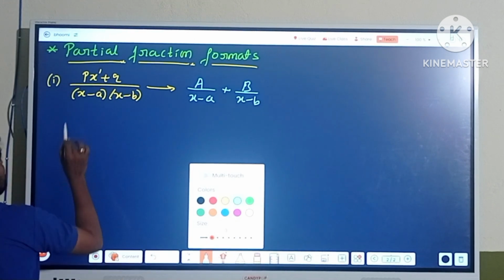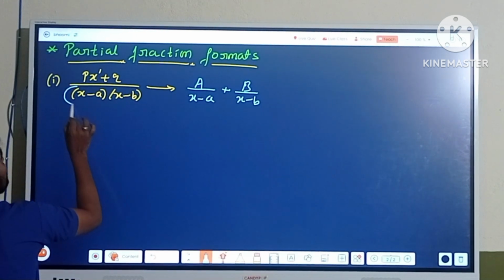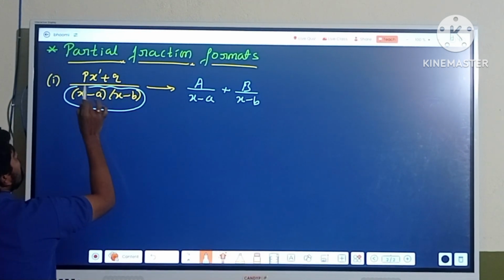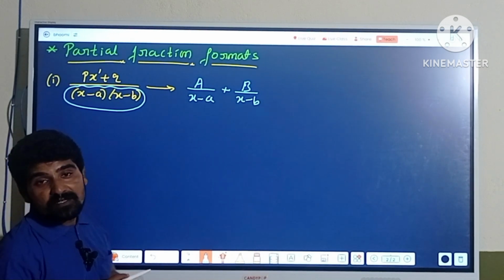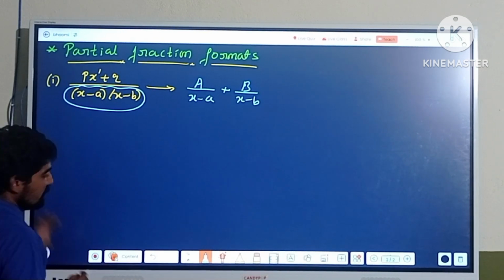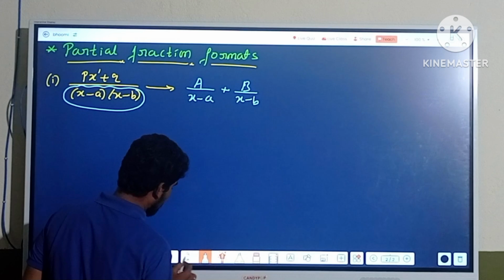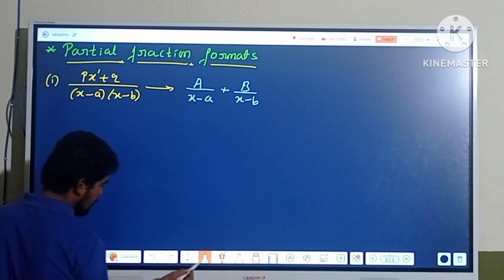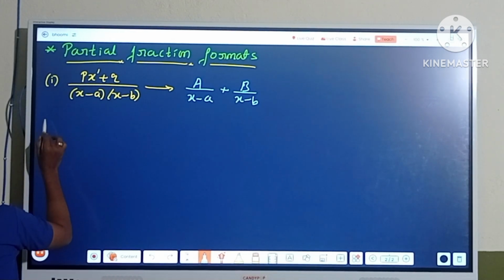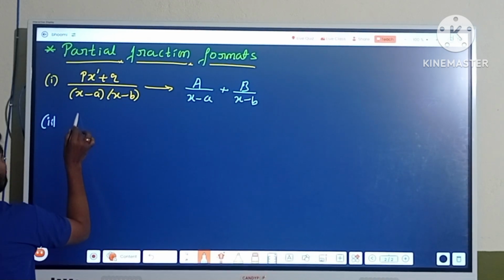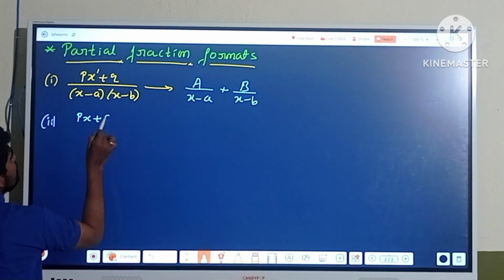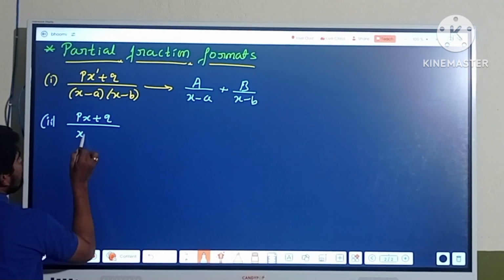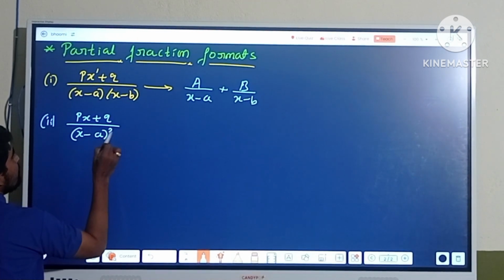And observe one more thing here. The denominator has linear factors that are distinct from one another, because the first one is x - a and the second one is x - b. Now let us consider the second partial fraction format: (px + q) divided by (x - a) whole square.